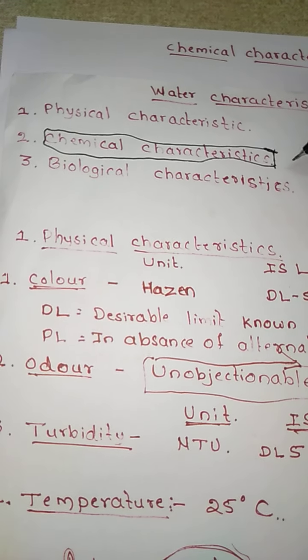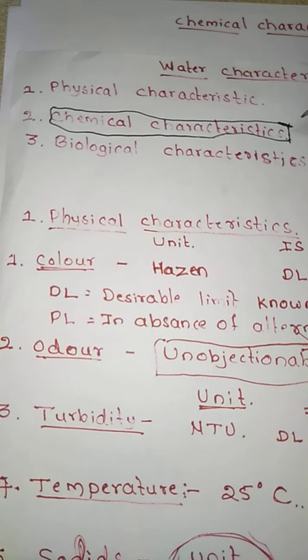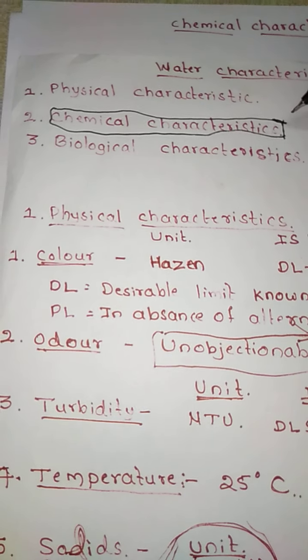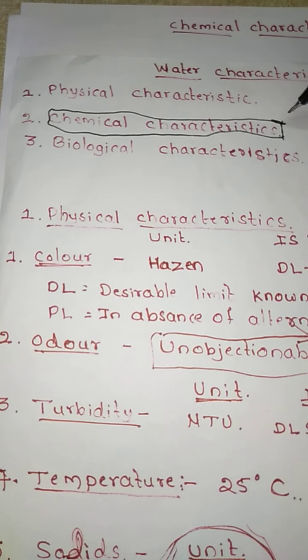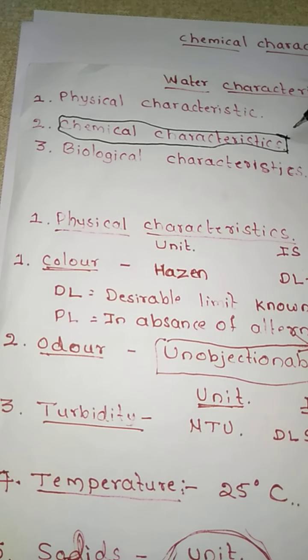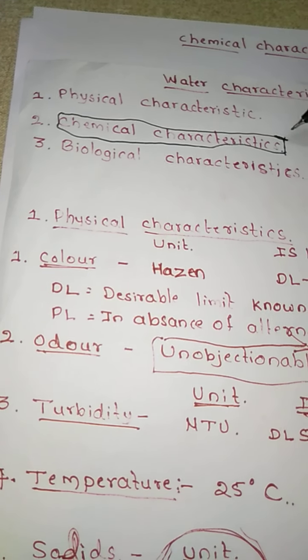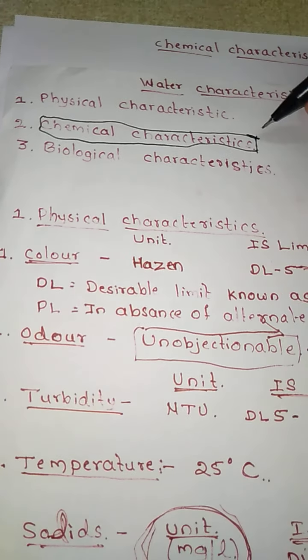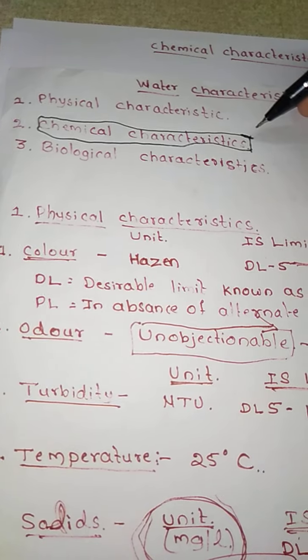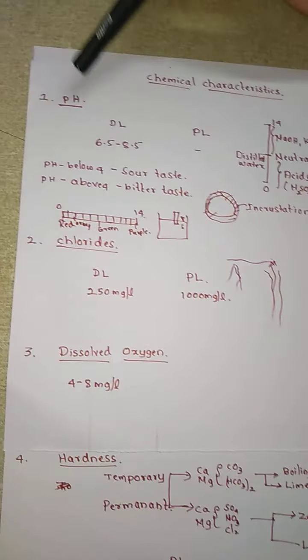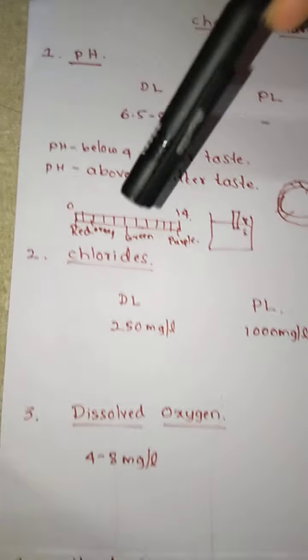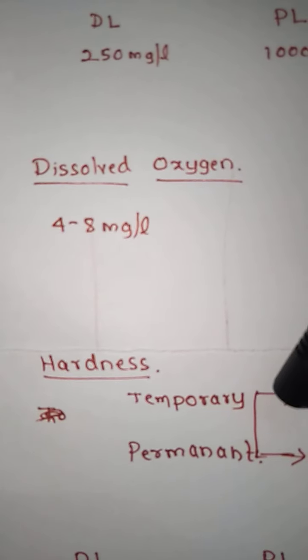It will have elements like pH, acidity, DO, chloride content, etc., that we are going to discuss in detail along with their desirable and permissible limits. In today's class, we will be concentrating on pH, chlorides, dissolved oxygen, and then hardness.